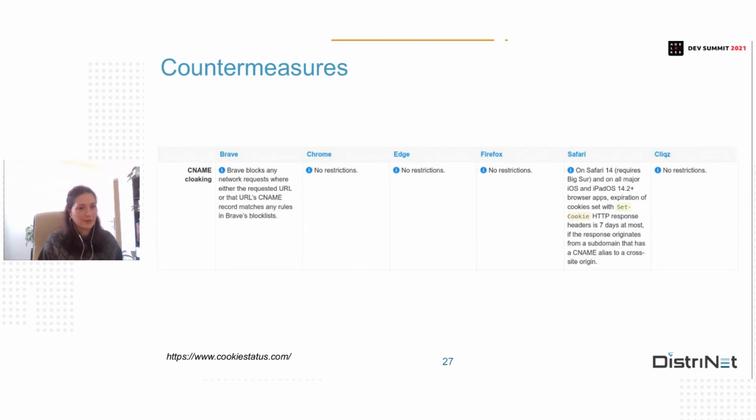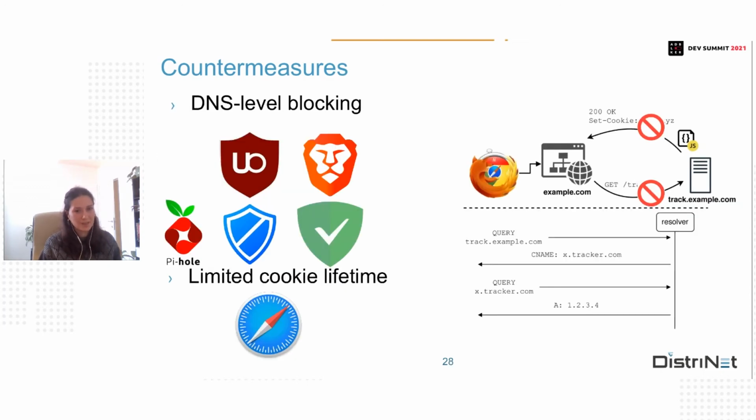In terms of countermeasures against CNAME-based tracking, not all browsers have implemented some defense against it. Currently only Brave and Safari have, and they both use a different method. One of the possibilities would be to do blocking at the DNS level, so to resolve the requests and then look at the full DNS chain and match against it.